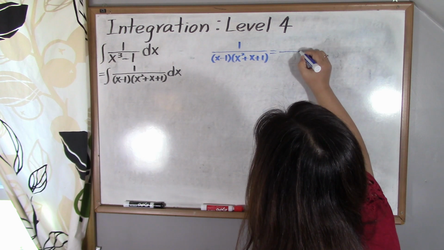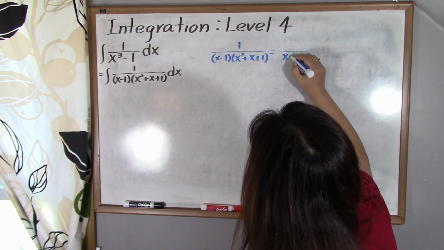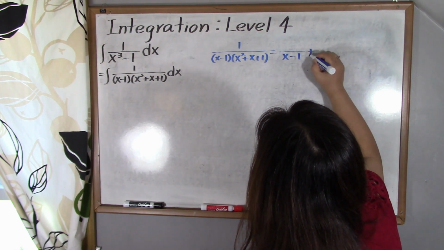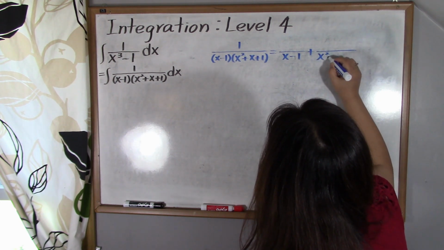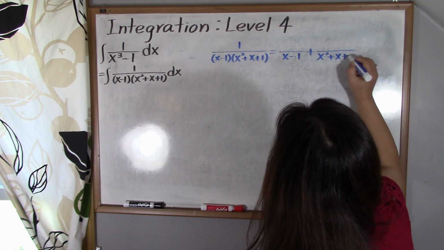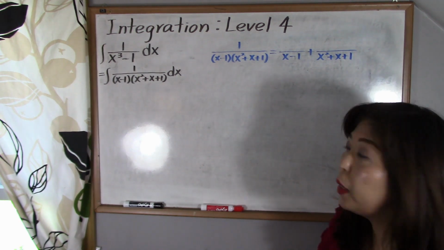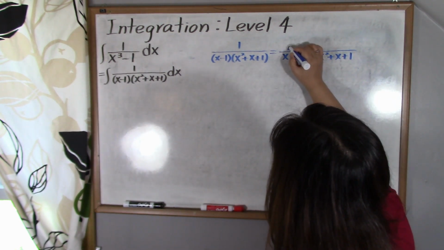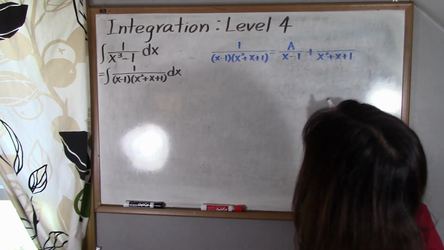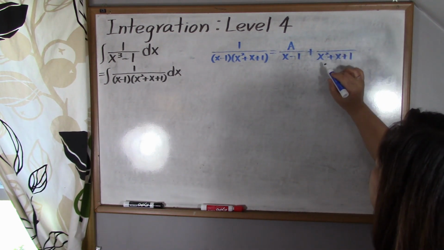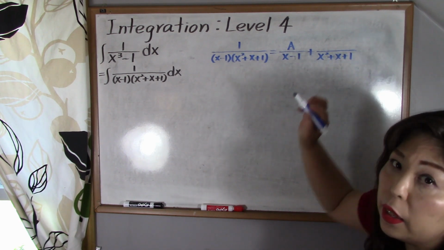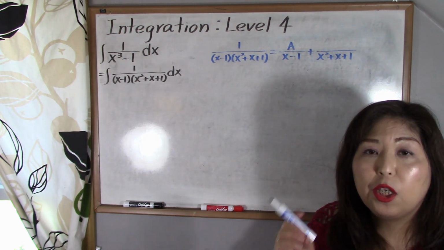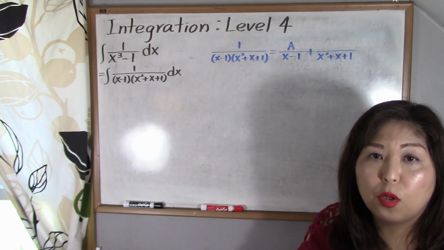So, one of the factors is x minus 1, and then the other one is x squared plus x plus 1, and then numerator, this will be A, and then this numerator, so x squared plus x plus 1, this denominator is actually irreducible quadratic.